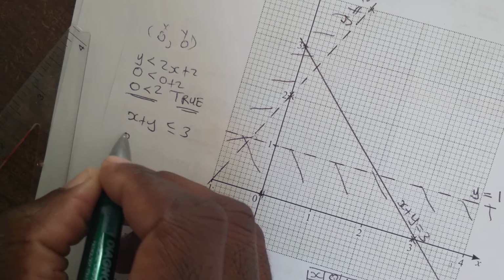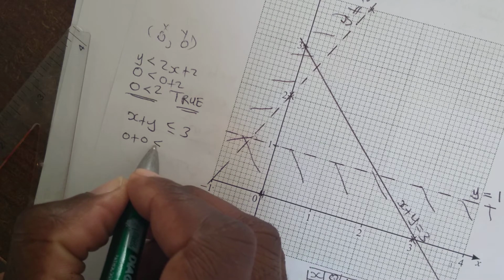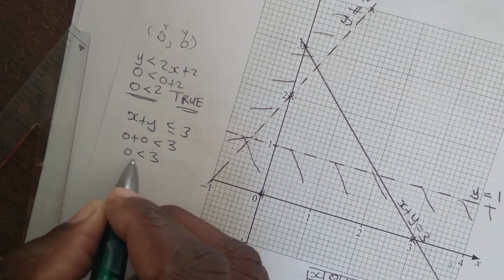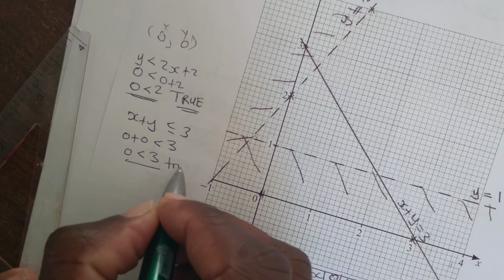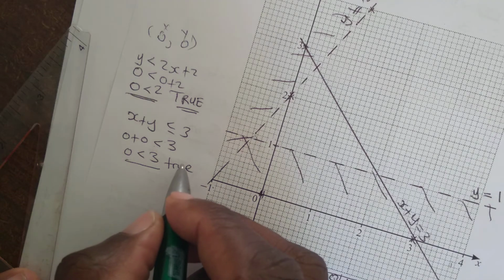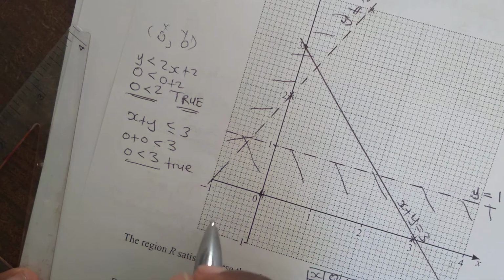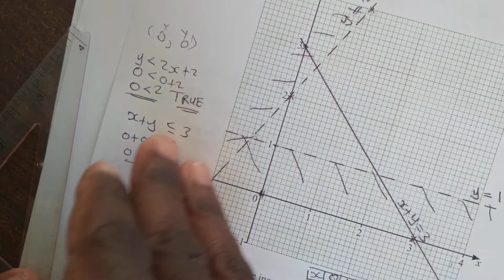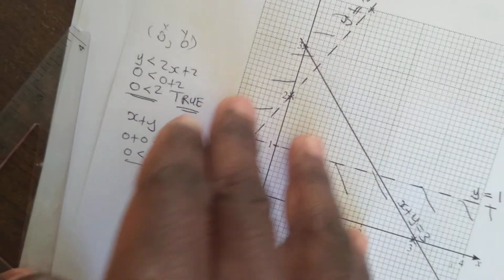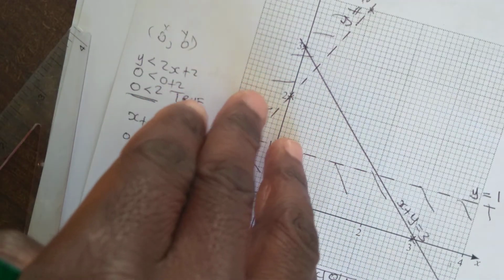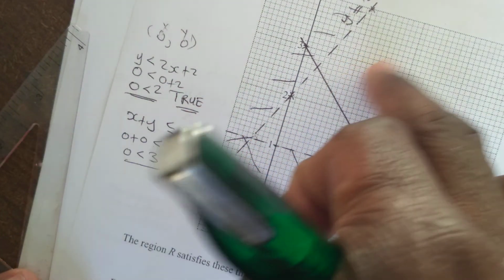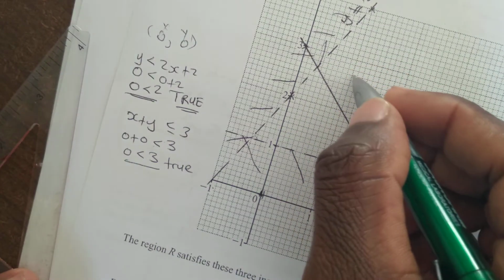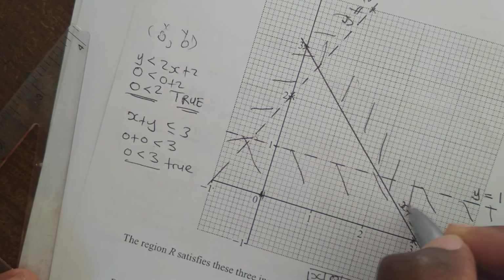So if I use 0 and 0, would this be true? 0 is less than 3. It's proving to be true. So if it's true, I don't shade it. If it's not true, I shade it. So this point is true. It means it represents all these points which are this side. And since all these points which are this side are true, I'm going to go ahead and shade this other side, which is not true. So let's shade this side.